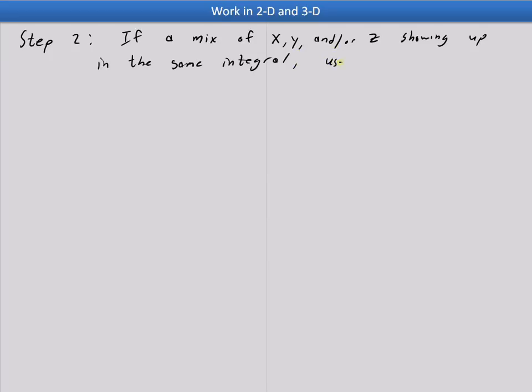Then what you do is you use the path to relate x, y, and z. And that always gives you a one-dimensional function.